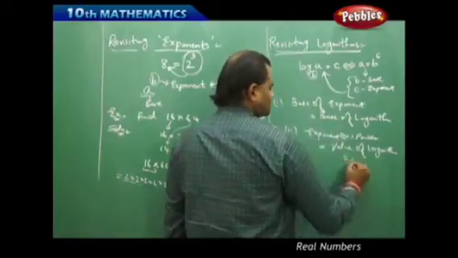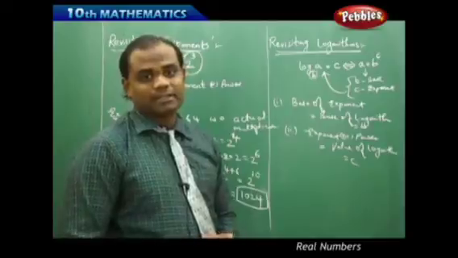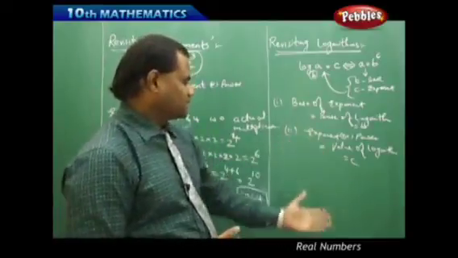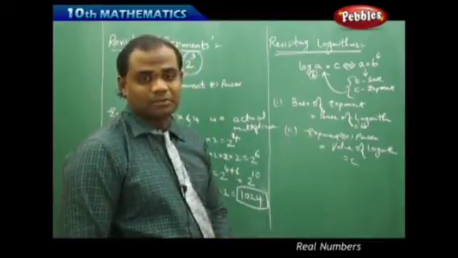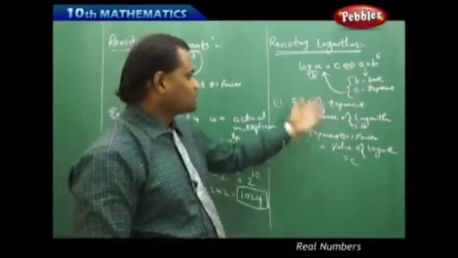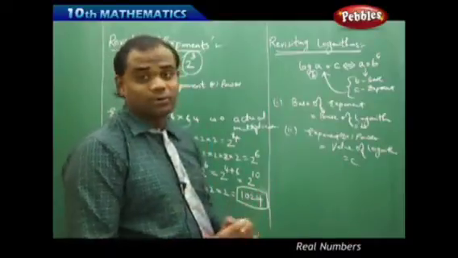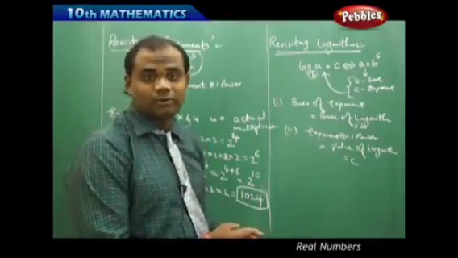Of course, here this being c and this being b is how I understand the difference between the base and exponent, between the logarithms and exponential equations. So these are the concepts through which I can convert any logarithm value into the exponential form or any exponential form into the logarithmic form.